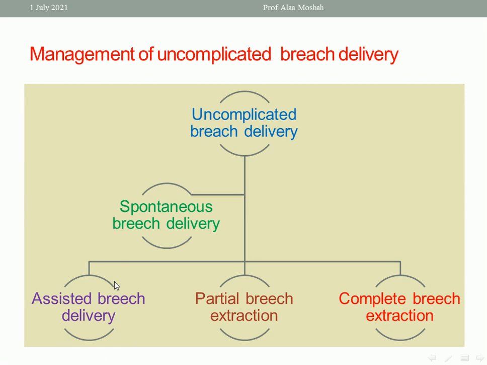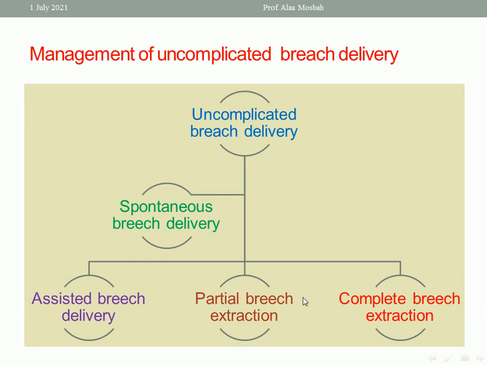Assisted breech delivery in presence of an obstetrician, a trained one, who will assist in the delivery of the shoulder and the aftercoming head, not under anesthesia. Or partial breech extraction, the obstetrician will help delivery of shoulder and aftercoming head, but under anesthesia.